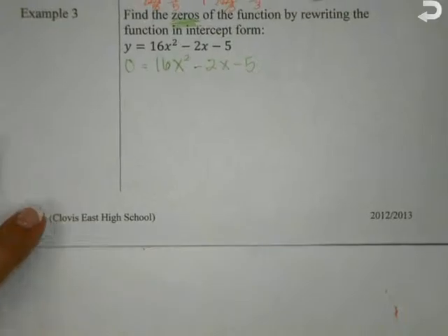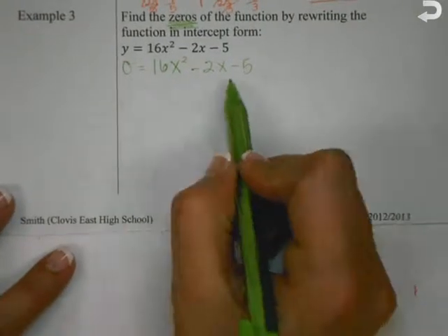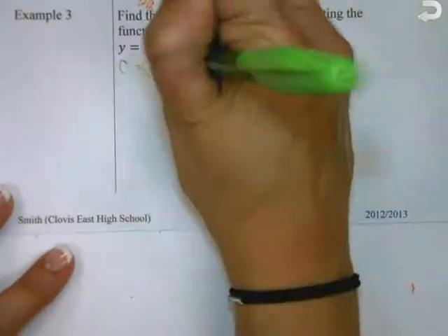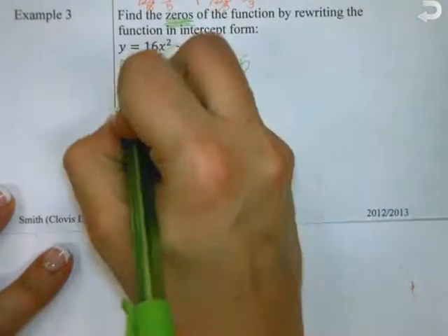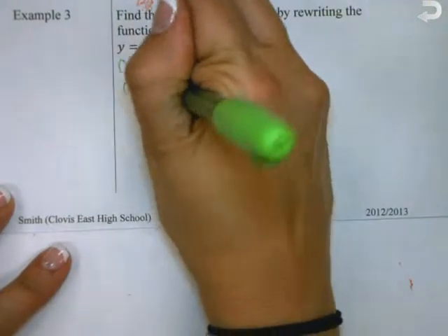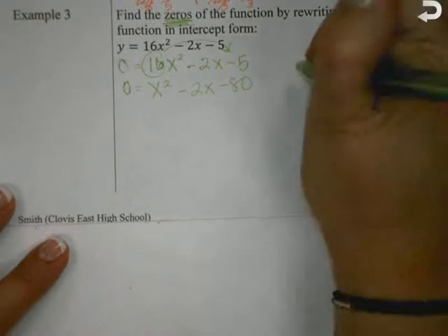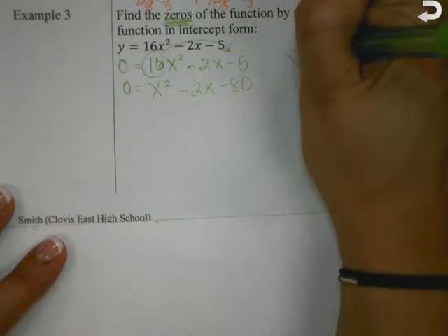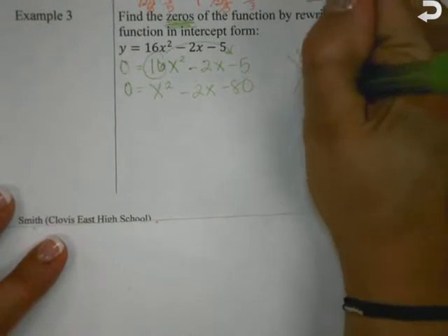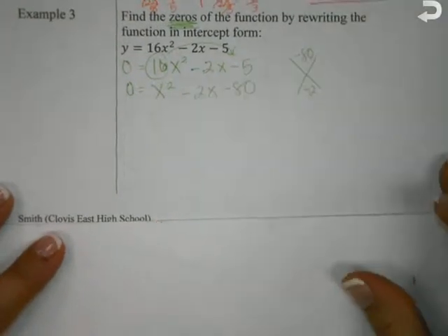Okay. All right. Really quick, we do bottoms up here. There's no GCF. So that gives me x squared minus 2x minus 80. And then I need to figure out what two numbers multiply to negative 80 and add up to negative 2. 10 and 8, which is negative? 10. Good.